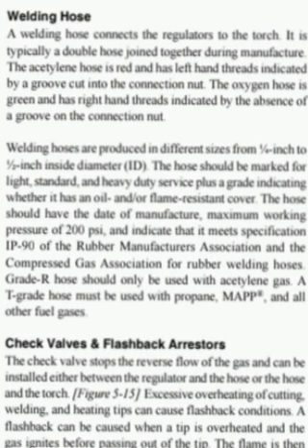Welding hoses are produced in different sizes from quarter-inch to half-inch inside diameter. The hose should be marked for light, standard, and heavy-duty service, plus a grade indicating whether it has an oil or flame-resistant cover.